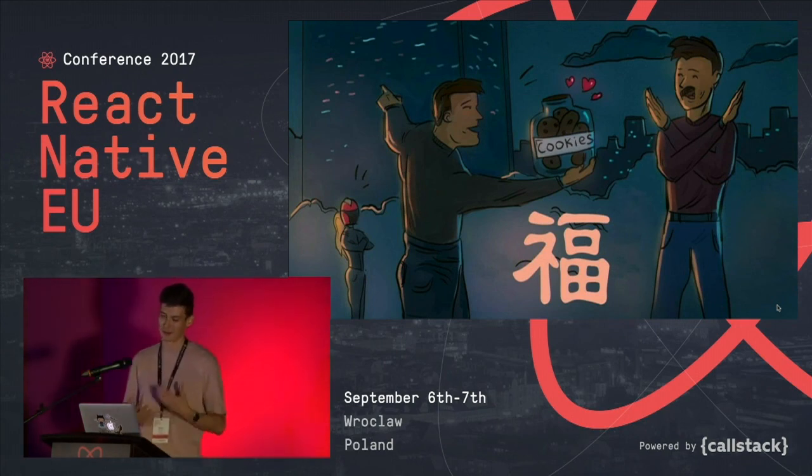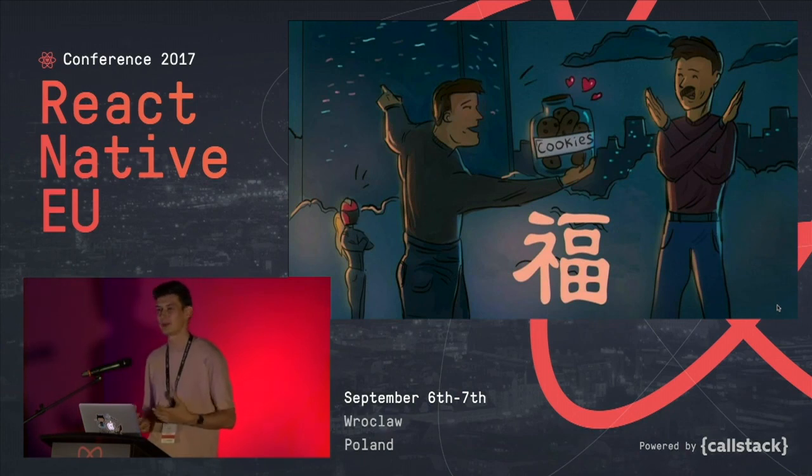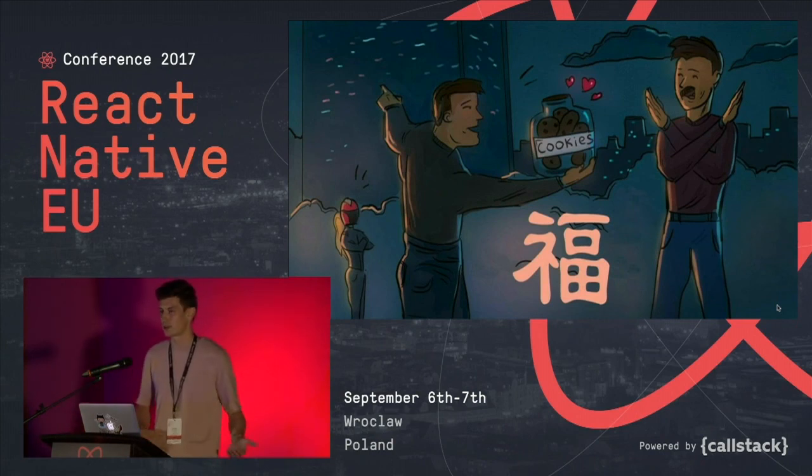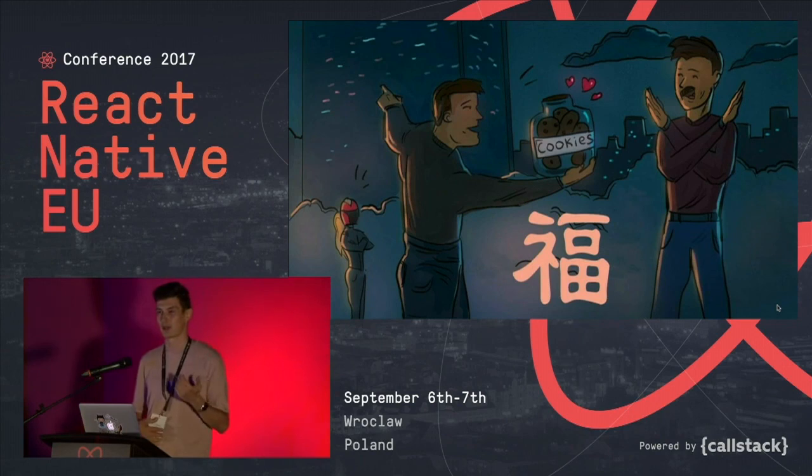And funny enough, in the very beginning of React Native, XMLHttpRequest was sending the cookies all the time, even though it was supposed to be compliant with the XHR specification. So theoretically, it shouldn't have been doing this. And therefore, in later versions, there was an issue report saying we shouldn't do that.